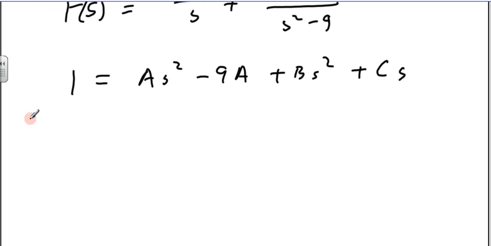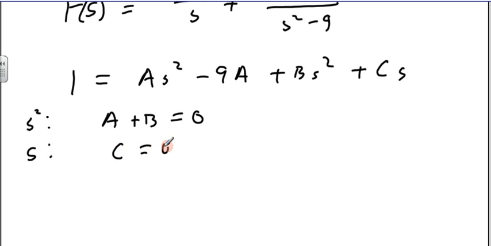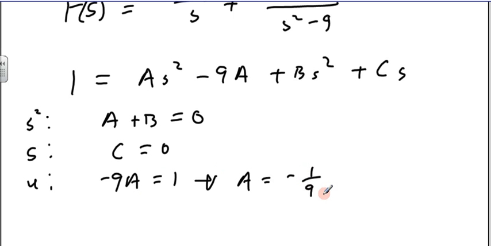And I look at the s squared term, and I have a plus b is 0. I look at the s term, and I have c is 0. And I look at the unit term, and I find that minus 9a is 1, implying that a has to be minus 1 over 9. And if a is minus 1 over 9, then b had best be 1 over 9.